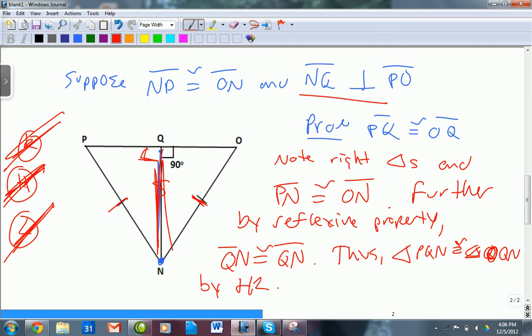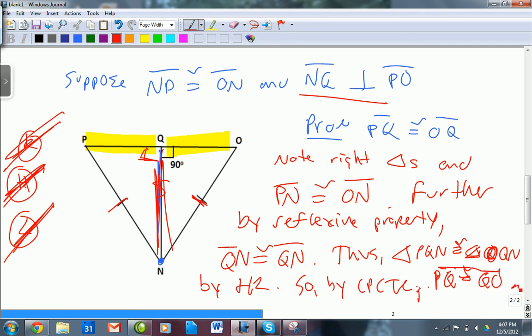Now, since the whole triangles are congruent, I know these two corresponding pieces will be congruent by CPCTC. I get PQ congruent to QO.